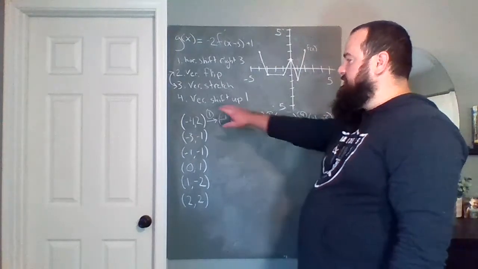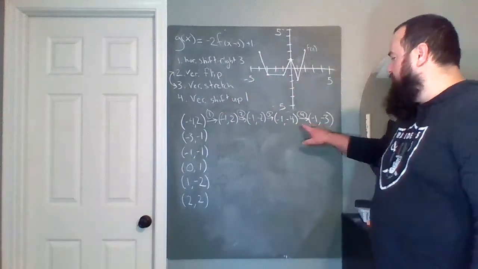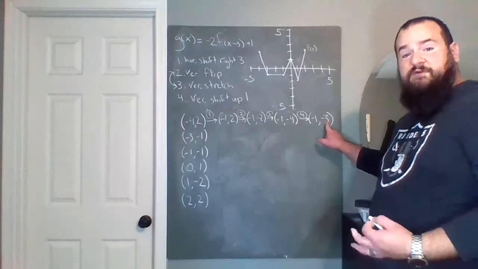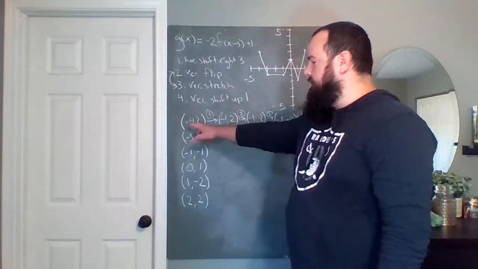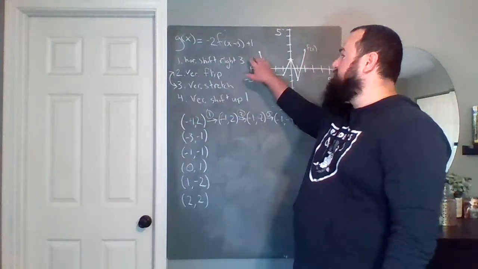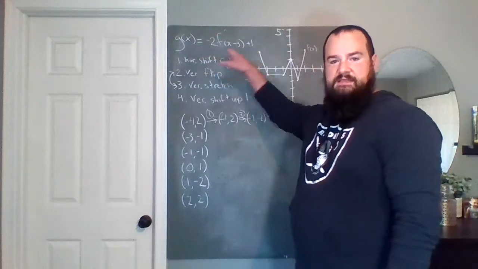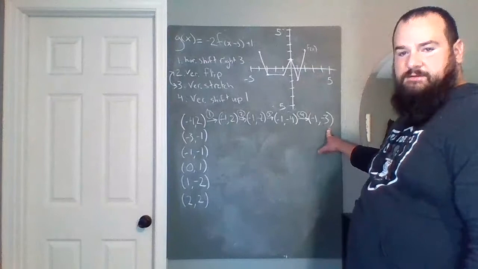And finally, we did our vertical shift up 1, which took the output up 1, so we go from -1, -4 to -1, -3. And that's our final point. So the point -4, 2 in the original function corresponds to the point -1, -3 in this transformation.